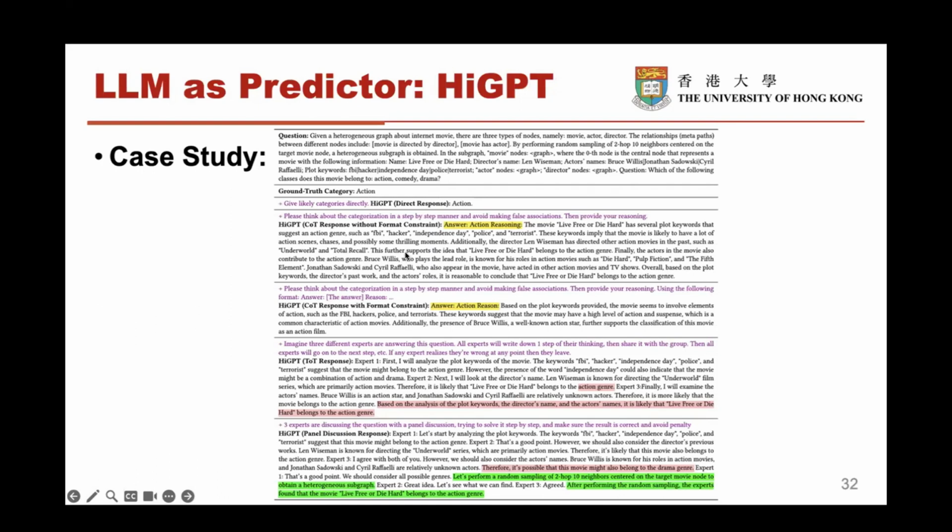Maybe the task of HiGPT is not like a recommendation system, because in a recommendation system you want to rank the items according to a user's preference. But in our HiGPT, the task focuses on inputting a subgraph and determining which category the nodes belong to. Maybe it's a different task, from a different perspective. Yeah, thank you. That's a really expansive work. Thank you for your question.